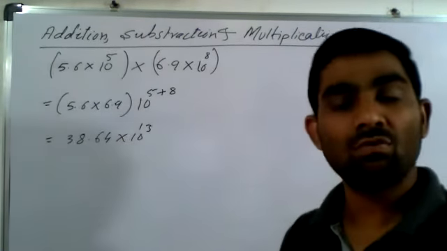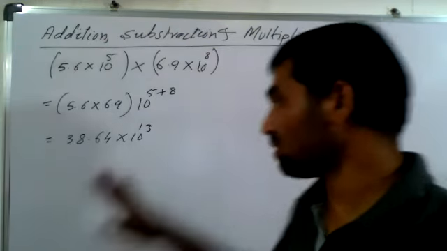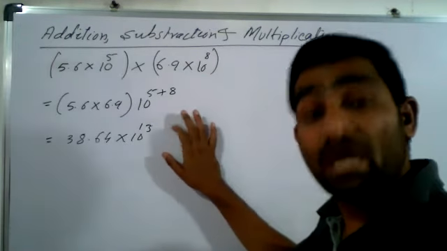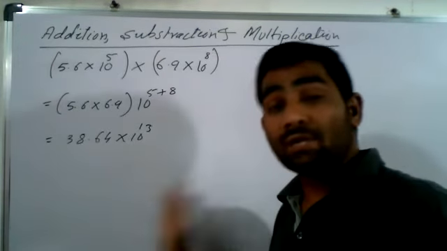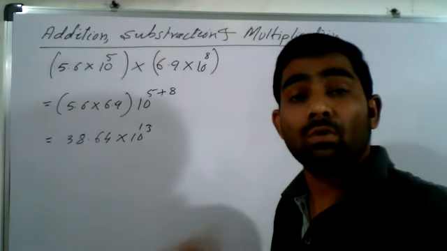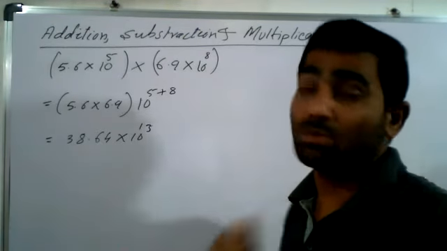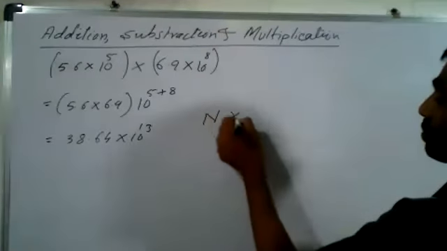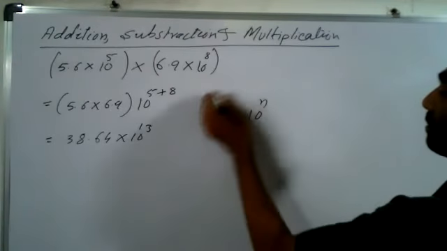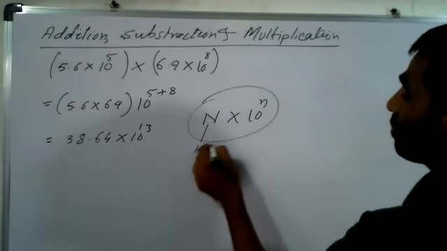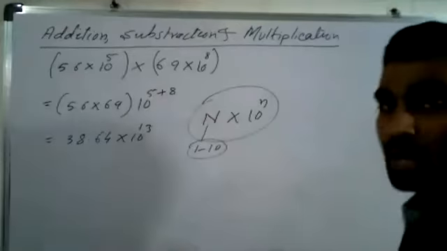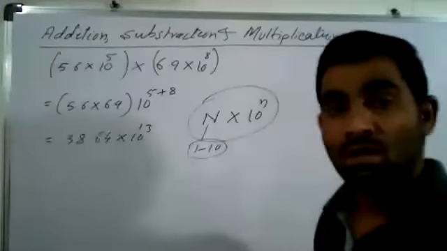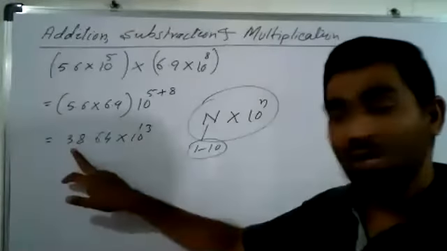So is this the correct value? This is the correct value, but is this the correct mathematical expression or notation? No, exponent notation is not like this. It should be n into 10 to the power n, where the number is only 1 to 10, and should not exceed 10. So here, this 38, what can I do?